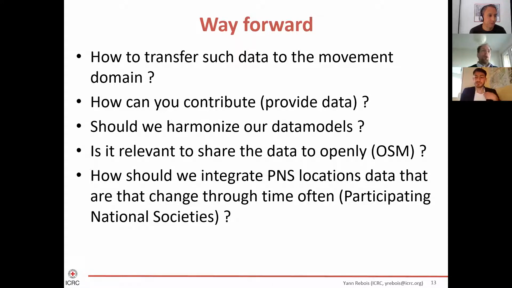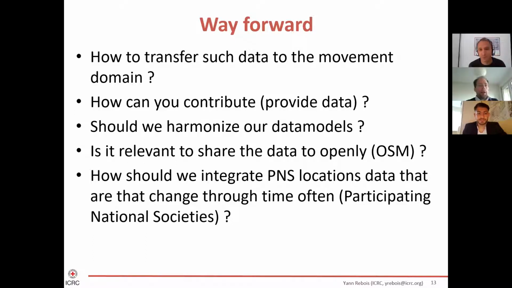As we do at the ICRC, if you think it's too sensitive to share the data at one point, you could downgrade the location, or hide some attributes according to the level of the data model. But so far for us, the data model is really simple: a type of national society, a level, a location, an address, and parent-child. Wonderful.